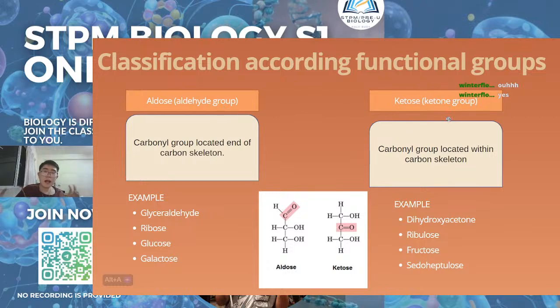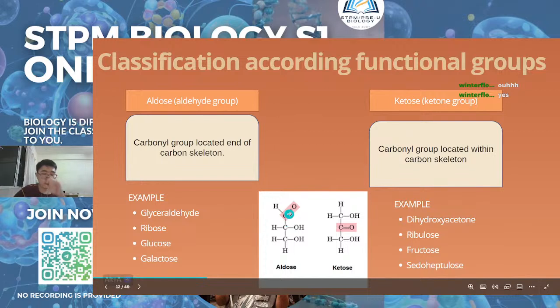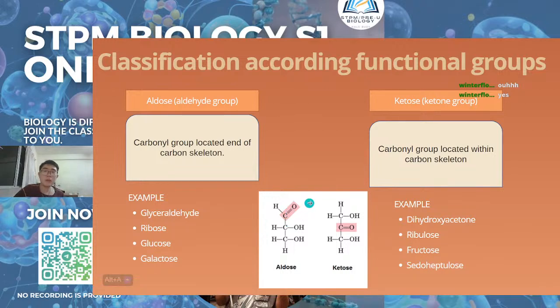These belong under the carbonyl group. The carbonyl group is C double bond O. Seniors already know this, but for sem 1 juniors who don't know, never mind, I explain.